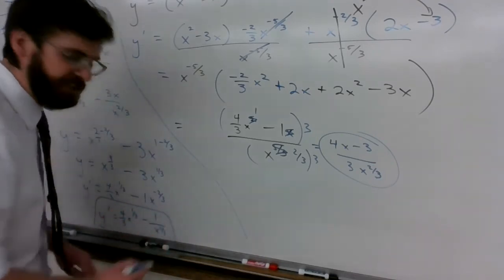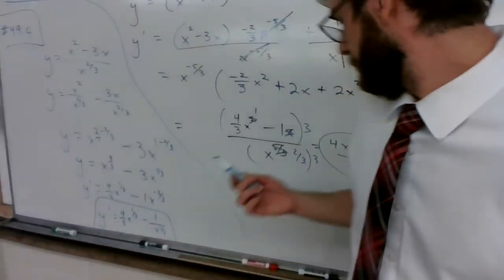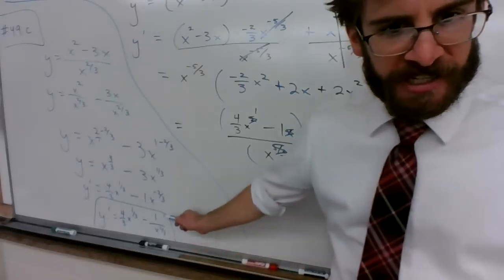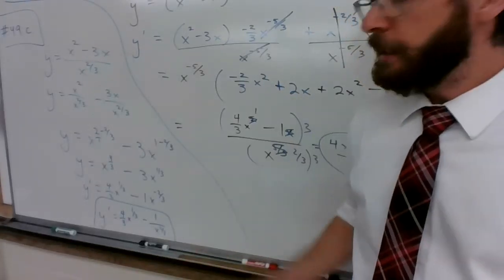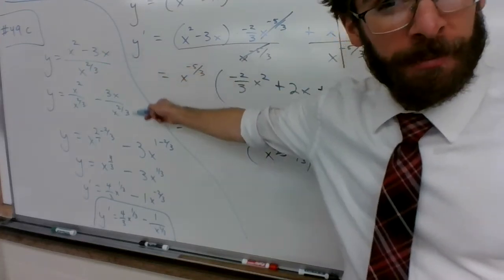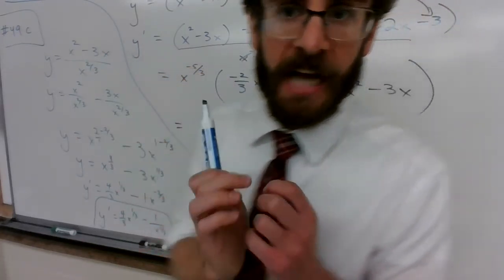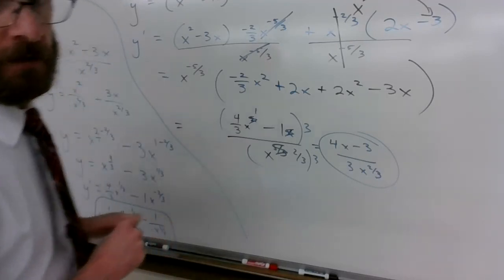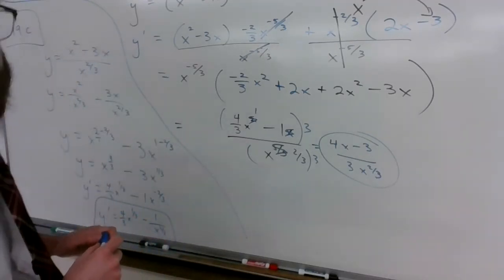And I would say that's a legitimate alternate version than this one. I think this one looks a lot more elegant, but that one gets the job done too. And I think it's clear to say that this was probably our best approach when you have the option between quotient rule, product rule, and algebra first.